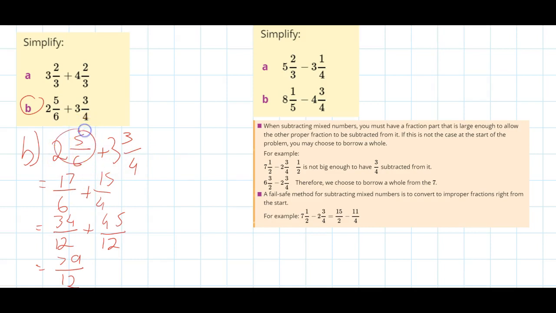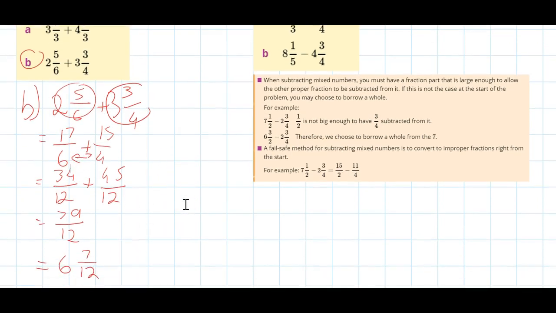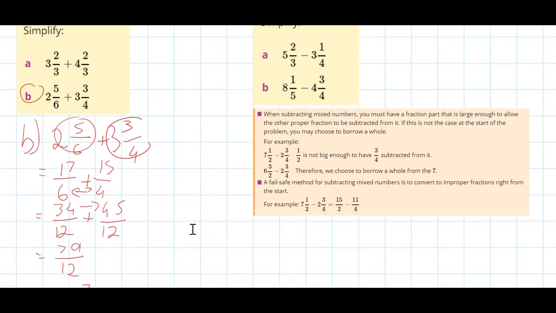Now I know that my denominators aren't the same, so I've had to make sure they have a common denominator, which now gives me the sum of 34/12 plus 45/12, and we can just go through and do our addition from there. So now the answer is 79/12, and then convert that back into a mixed number, which will give you 6 and 7/12. So those are the two options you can see there for addition.